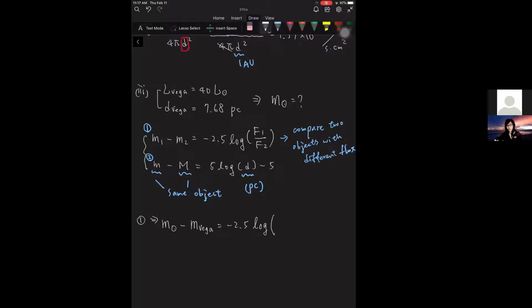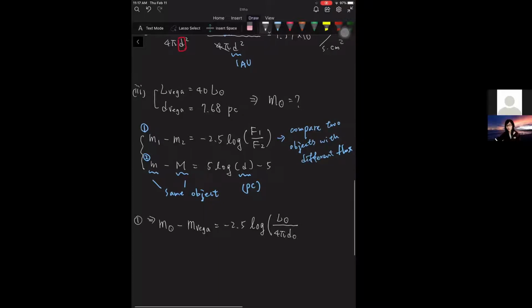The numerator should be the flux of the sun, which we know is the luminosity of the sun over 4 pi d squared, where d is the distance of the sun. This should be divided by the flux of Vega, which is also L over 4 pi d squared. Since it's dividing, L Vega is in the denominator.